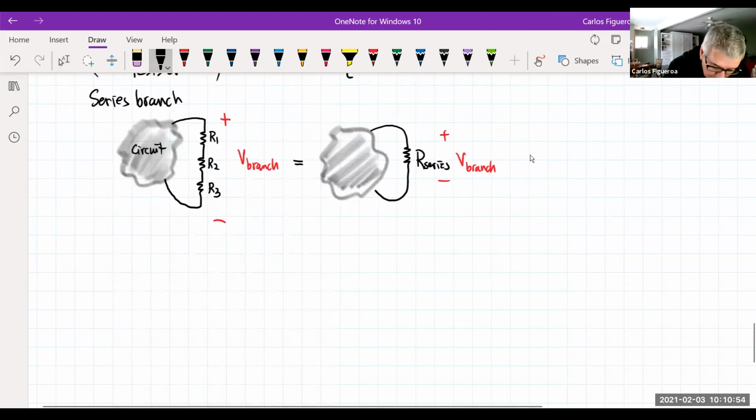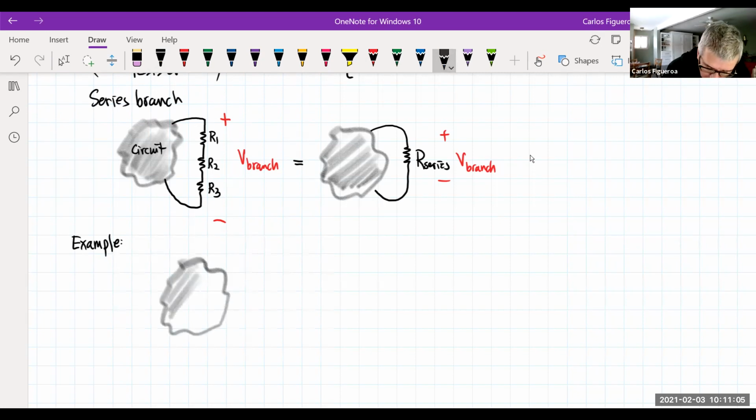So to give you a sense of this thing here, let's put these things together. As an example, so I don't get too abstract here, consider that I have my circuit here. So I have some glob here, and I don't know what this circuit is, but what I do know is that I have a combination of resistors, sources, something like this here.